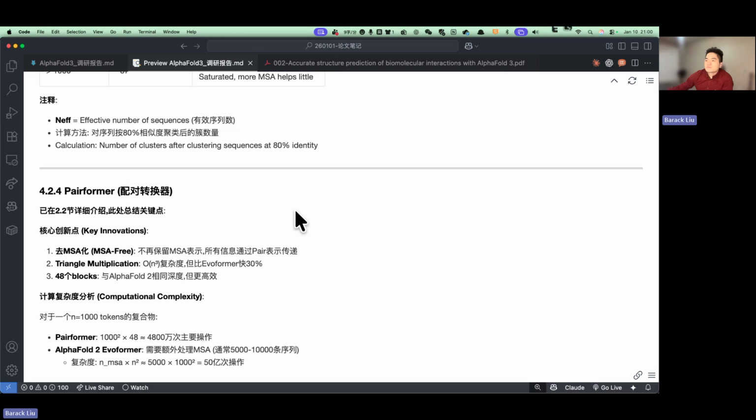Pairformer. A innovation. Triangle multiplication.